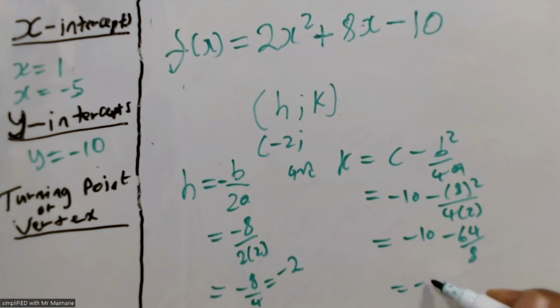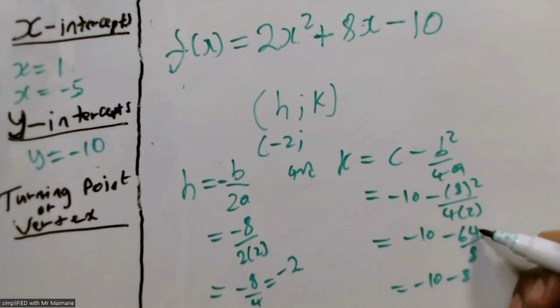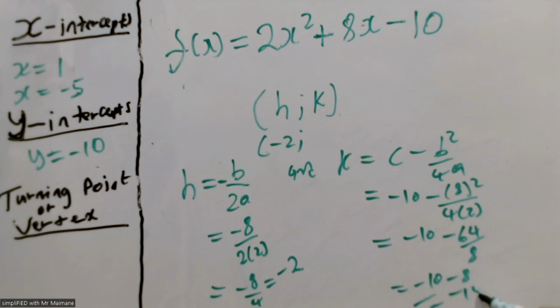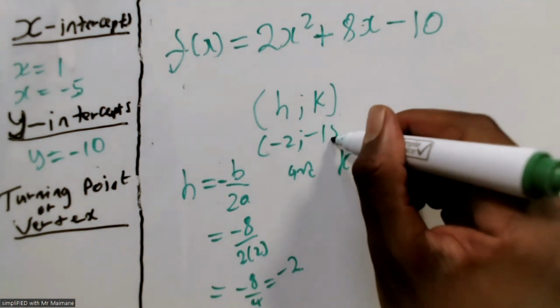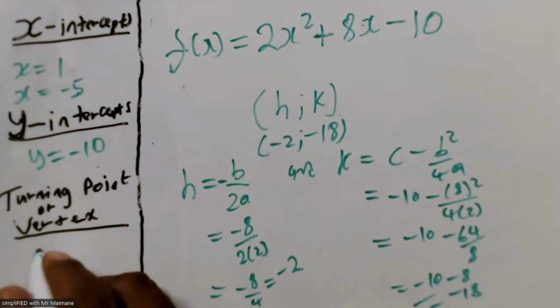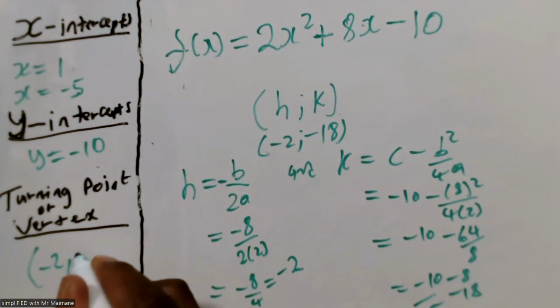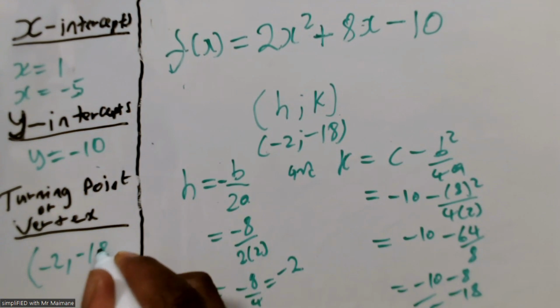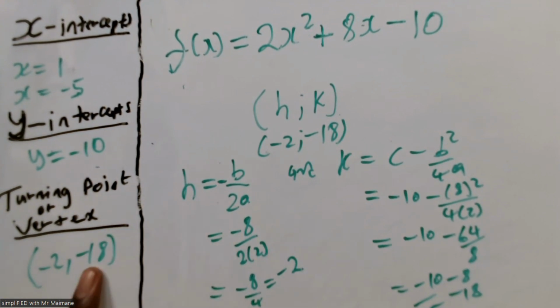Therefore, this is going to be minus 10 minus 8, because 64 divided by 8 is 8. Therefore, the final answer will give us minus 18, meaning our turning point is minus 2 and minus 18. Not 18, I mean minus 18. I must include the sign.